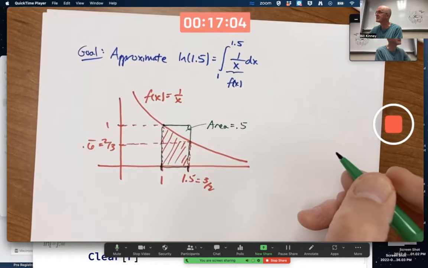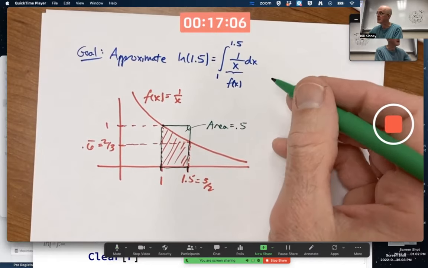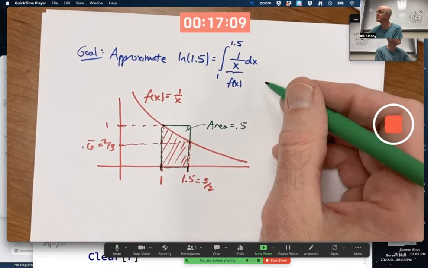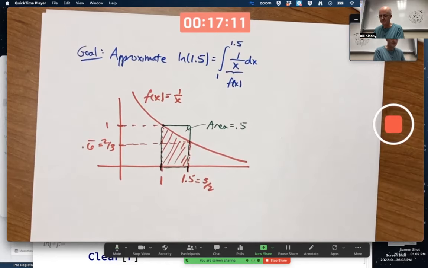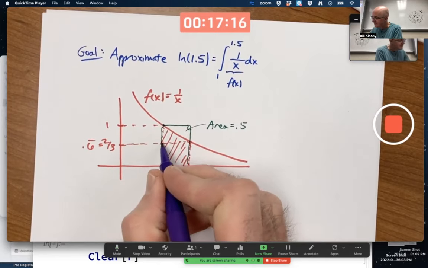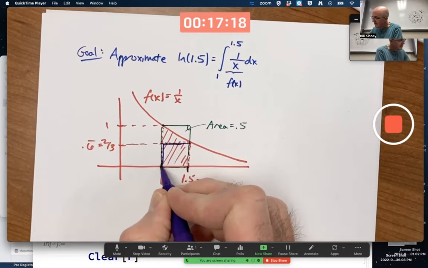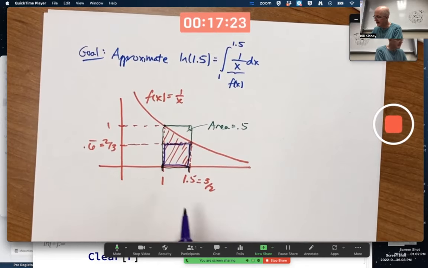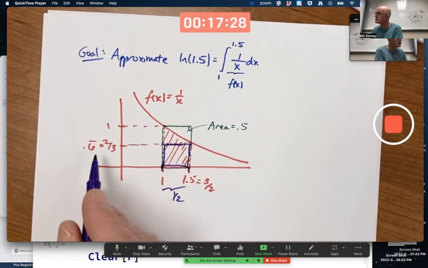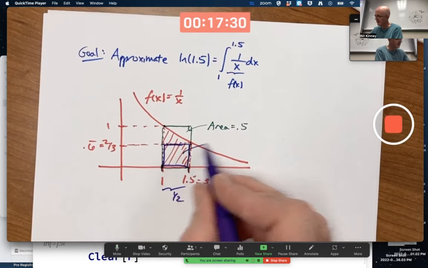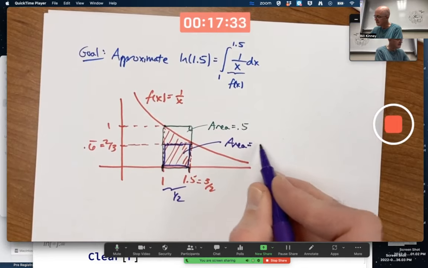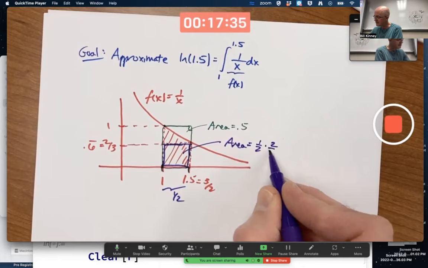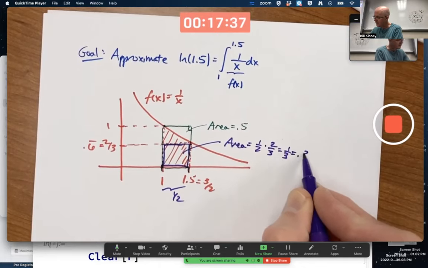So that would be a left-hand sum approximation to the integral, an approximation to the natural log of 1.5 with one subinterval. We could also do a right-hand sum approximation by finding the area of this rectangle right there. Base times height there would be 1/2 times 2/3, which is 1/3, 0.3 repeating.